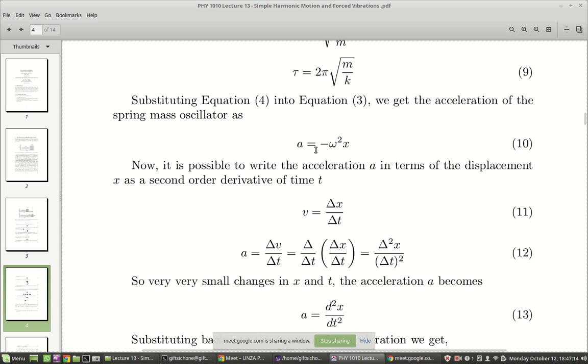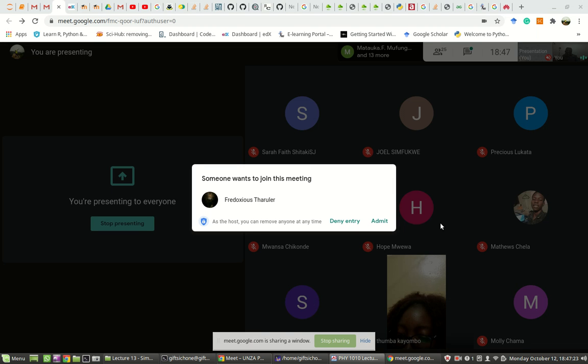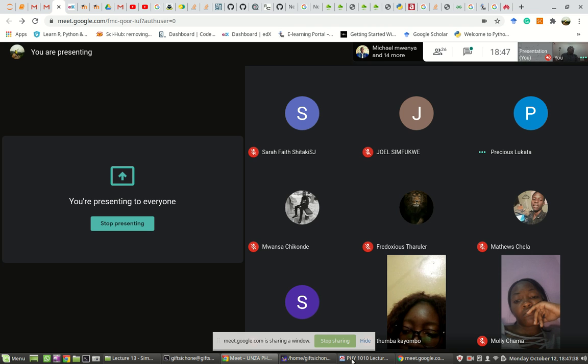So could you please re-explain how you got to the a is equals to omega squared x? How do I get to, okay, so it's up here. We have this: a is equals to minus k over m x. Then we do this. We let k over m be equals to omega squared. So k over m is basically equals to omega squared.